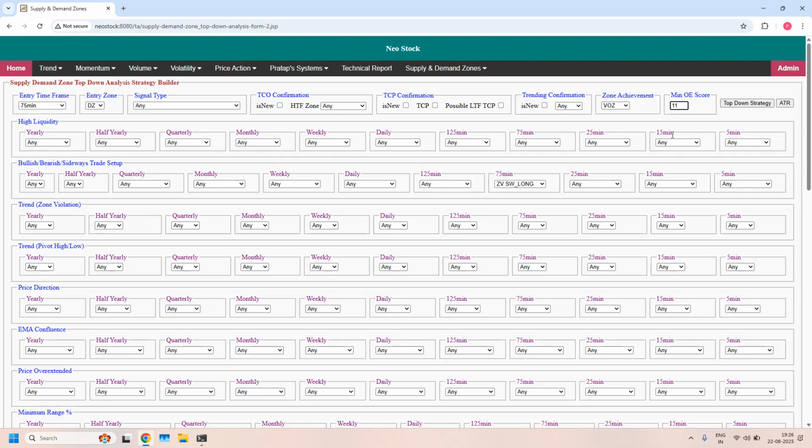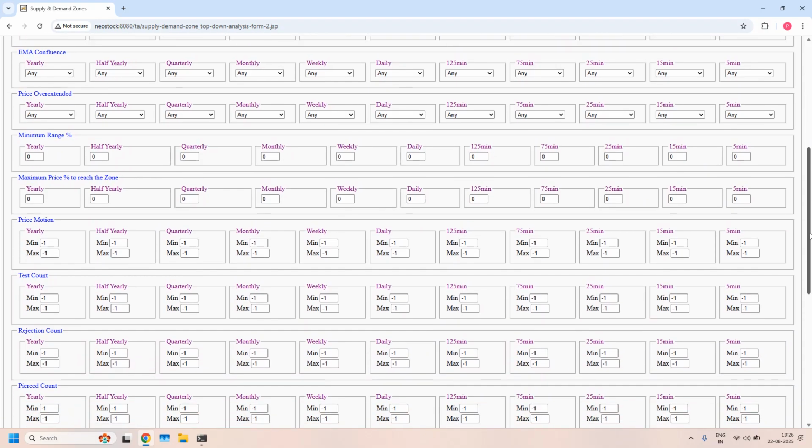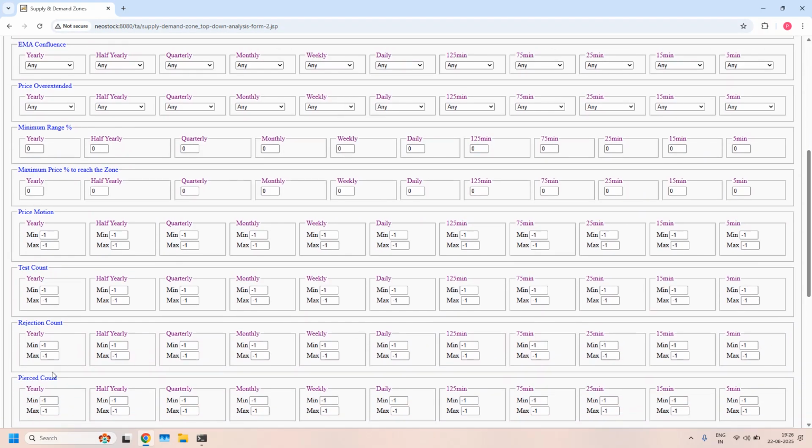Now I am adding a third filter also: the 75 minutes demand zone should not be pierced. For that you have to go to the pierced zone, pierced count parameter. In this parameter at entry time frame 75 minutes, I am selecting minimum value 0, maximum value 0.